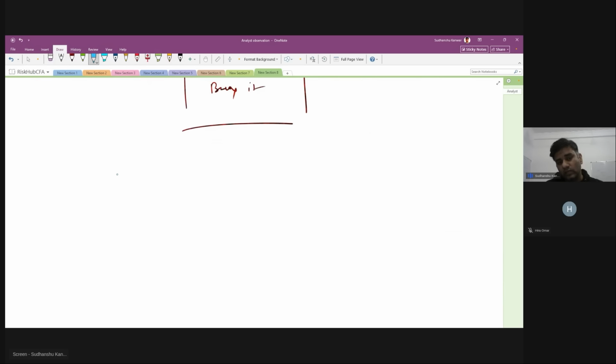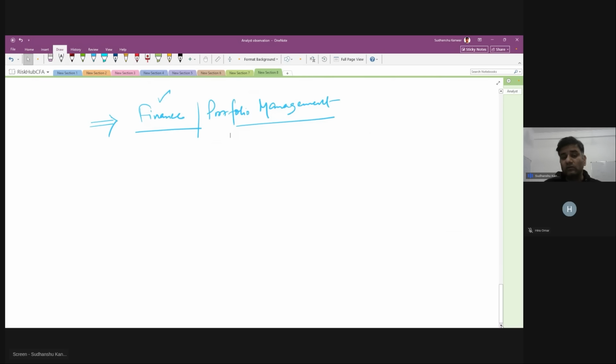If somebody asks you to define finance, or portfolio management, or why you study CFA, FRM, CQF, anything, can you define everything in finance in one line? The one line I have created is: buy low, sell high.